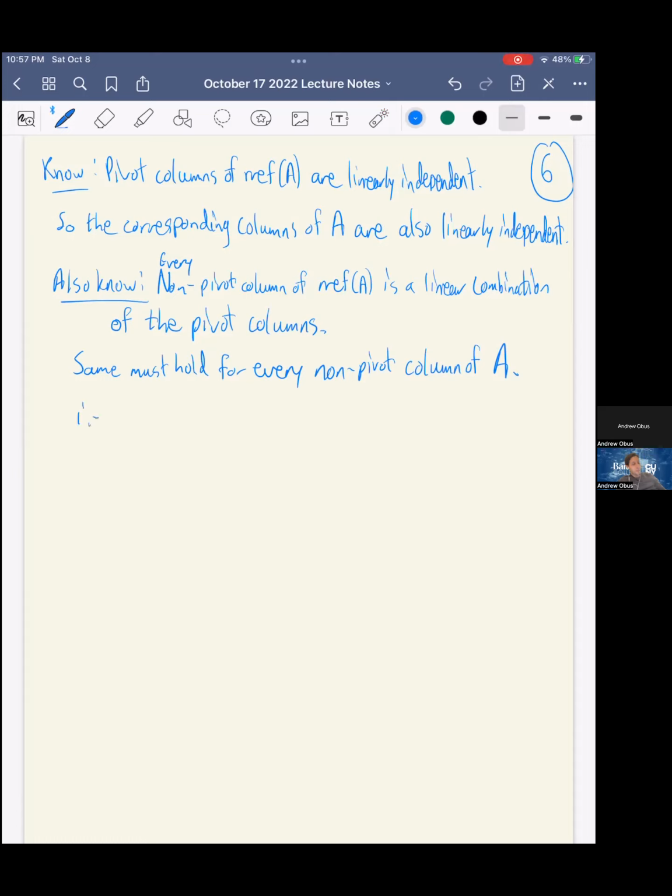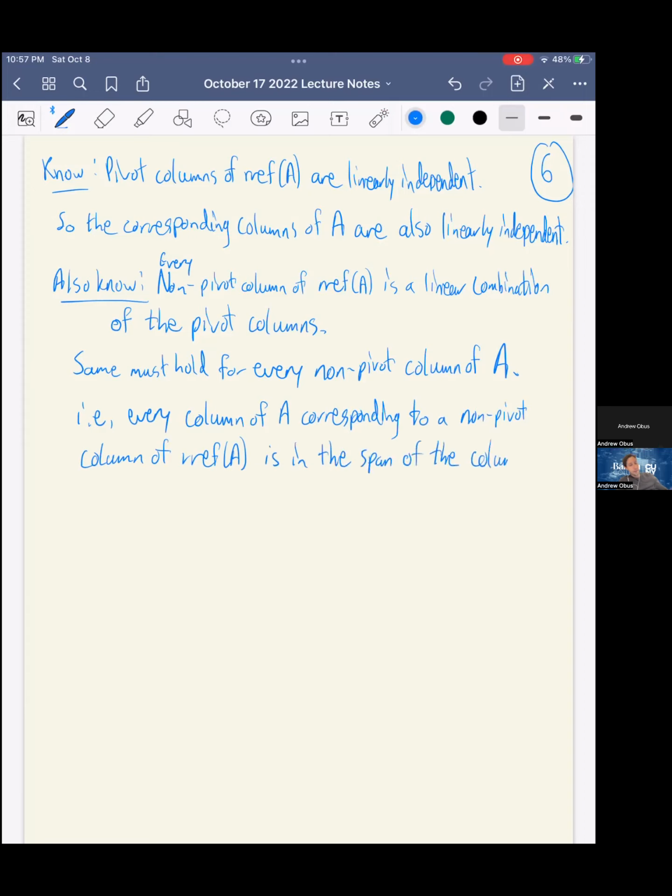So I can say, i.e., every column of A corresponding to a non-pivot column of the row-reduced echelon form of A is in the span of the columns of A corresponding to the pivot columns of the row-reduced echelon form of A. Okay, right?